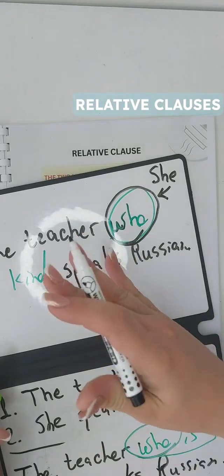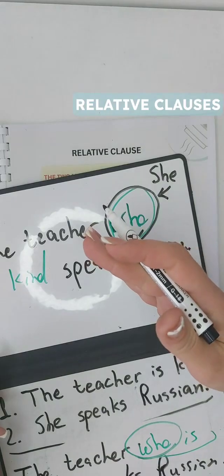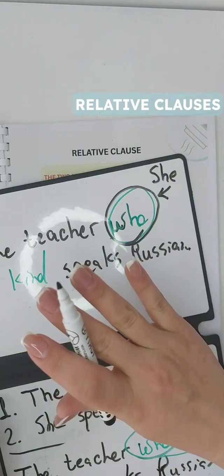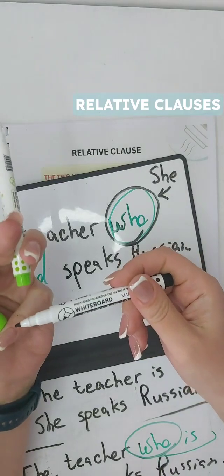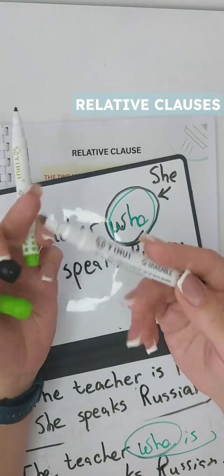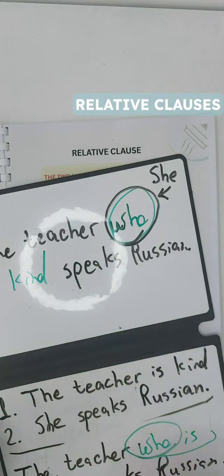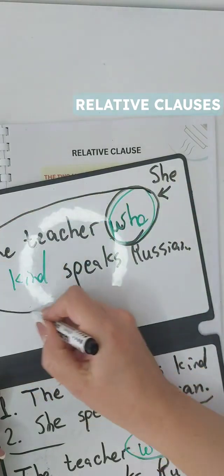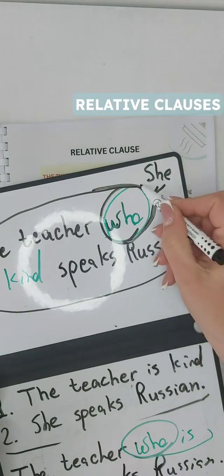Of course, we can say the teacher is kind. She speaks Russian. They are perfectly correct. But we use the teacher is kind, one sentence. She speaks Russian, two sentences. Instead of using two short, separate sentences, relative clauses help us combine two sentences into one with the helping word who.